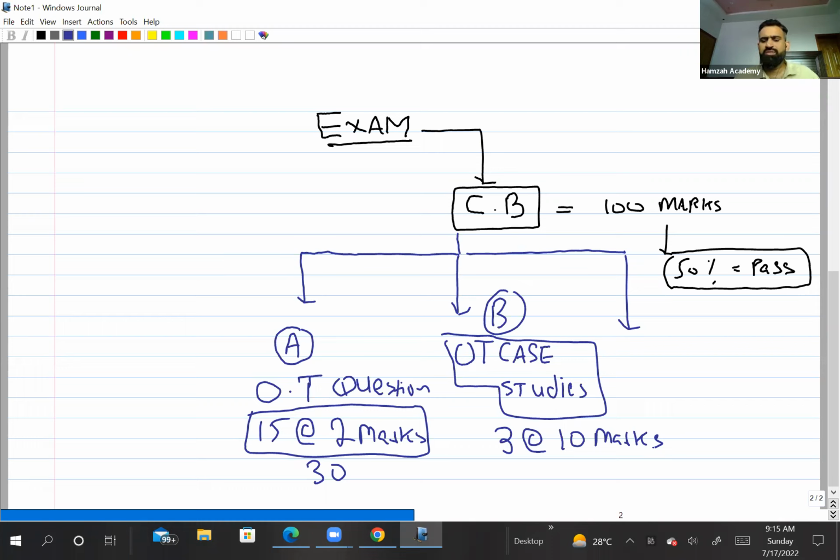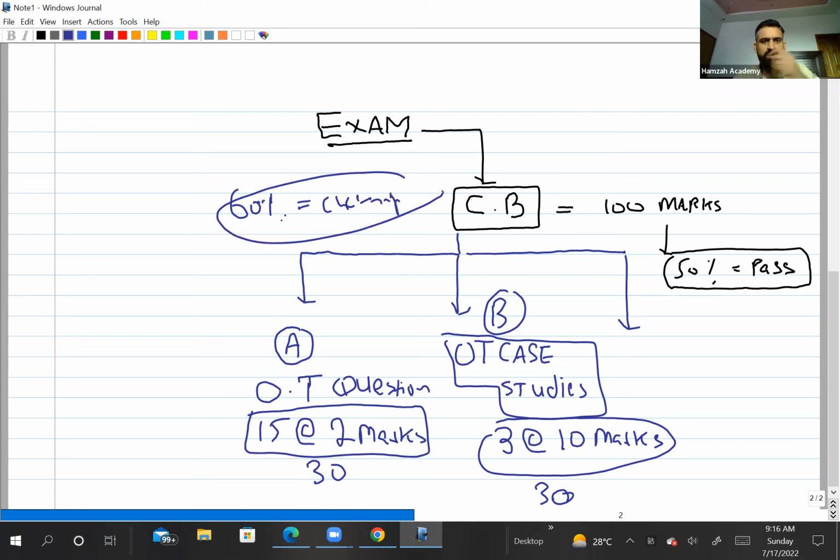So each OT case study will carry 10 marks, so again a total of 30 marks in Part B. So I can say that 60% of your exam will be based on just clicking. You just need to click the right answer or at most fill in the blank. It is just like the exam you have at FIA level or F3 paper. It is similar to that.